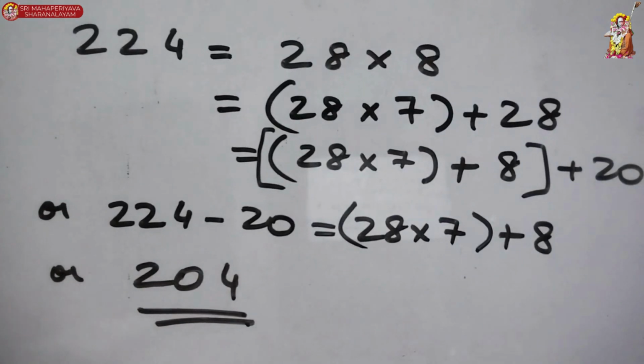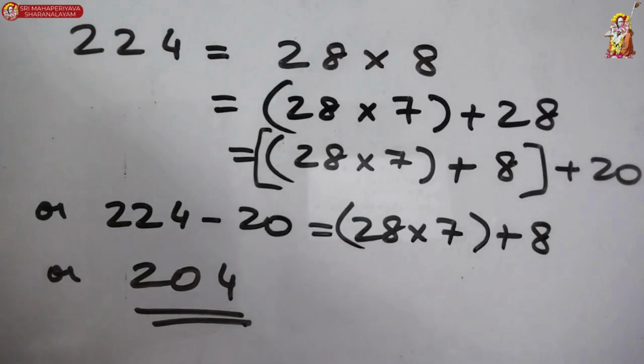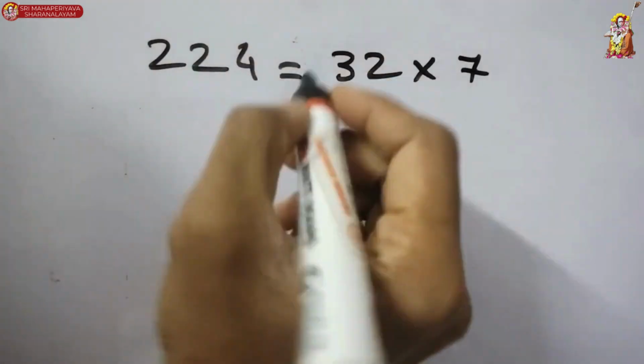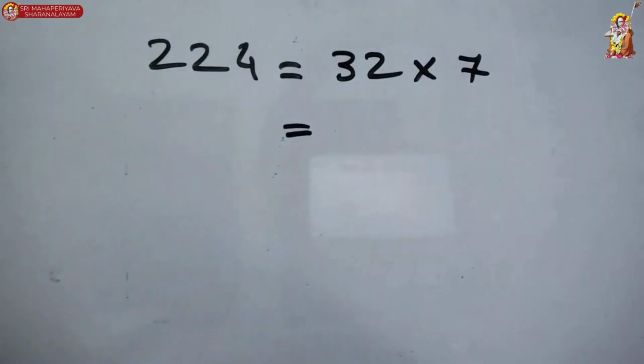Let's go to the other number. Let's see what we get when we work out in the similar way with 32. So 224 is exactly divisible by 32, but we have to find the number which when divided by 32 leaves remainder 12.